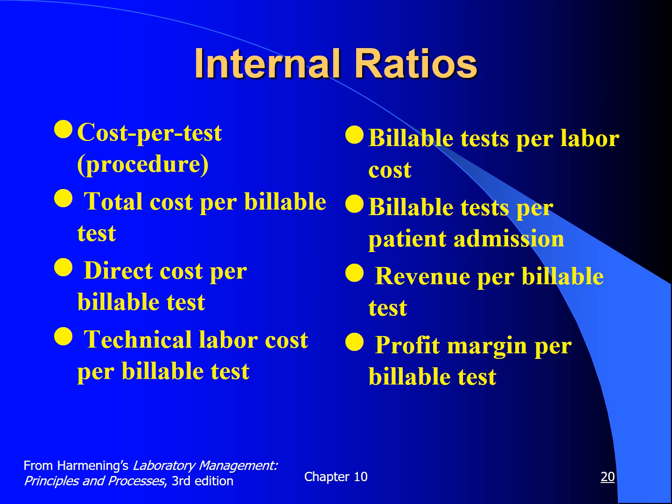Examples of ratios important to the laboratory manager are cost per test, total cost per billable test, direct cost per billable test, technical labor cost per billable test, billable test per labor cost, billable tests per patient admission, revenue per billable test, profit margin per billable test.